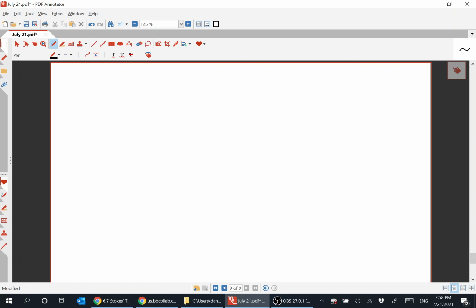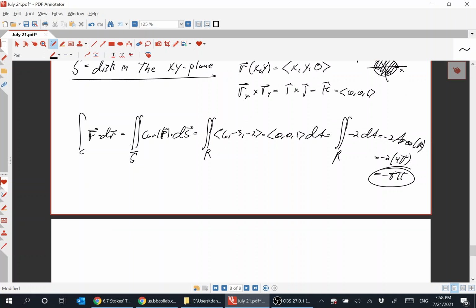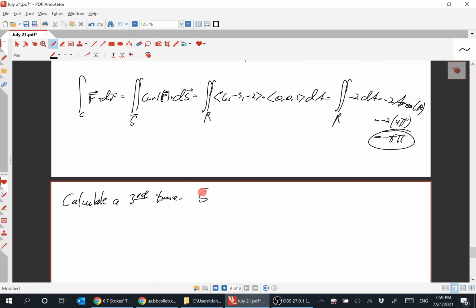Let's actually do it with the paraboloid now. Let's calculate again. So calculate a third time. S is the paraboloid. So r of x, y: x is x, y is y, and z is 4 minus x squared minus y squared. So the partial derivative of r with respect to x is 1, 0, minus 2x.